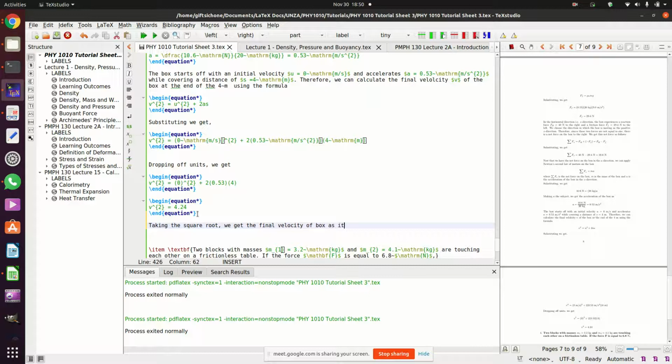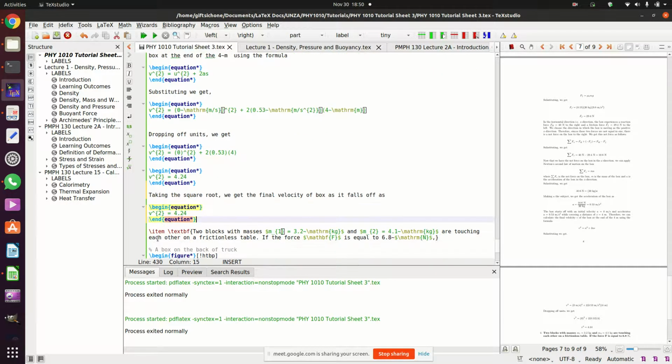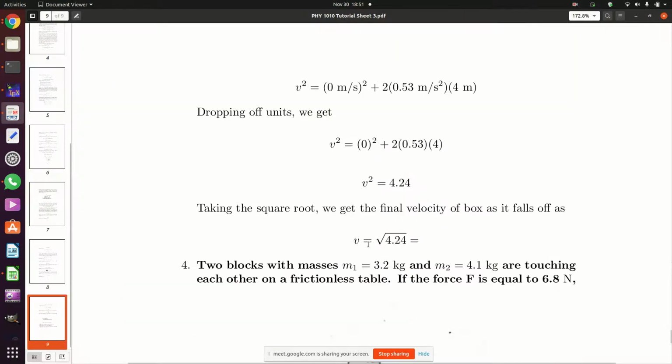as it falls off. So this gives us how much?